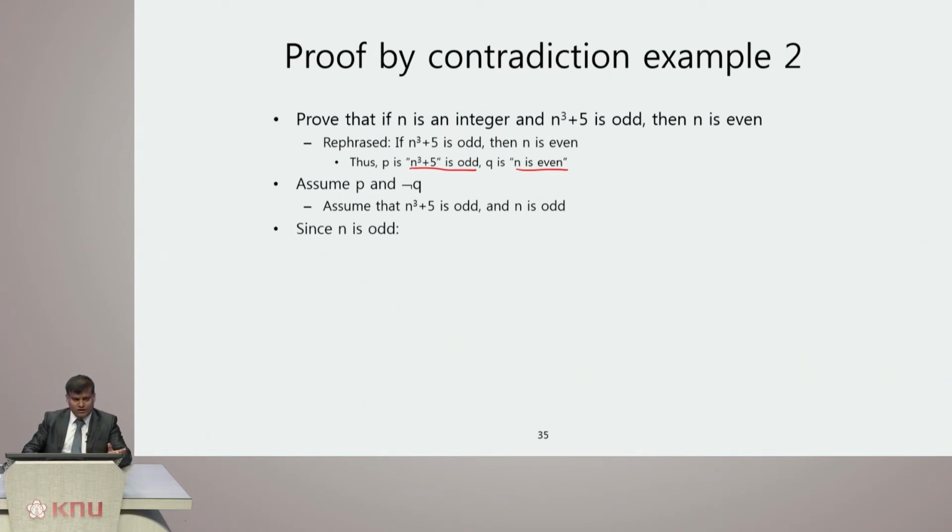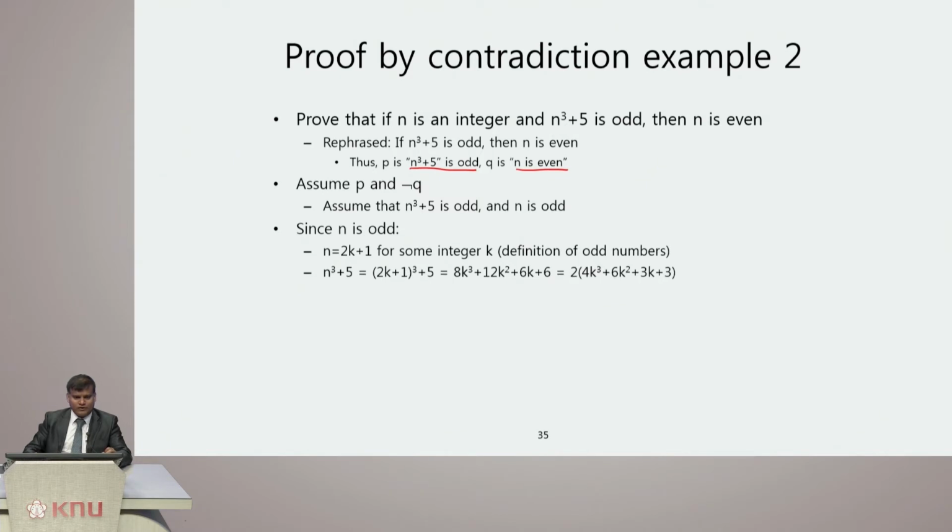Since n is odd, n equals 2k plus 1, just by the definition of an odd number. So n cube plus 5, we are just replacing n with 2k plus 1. So (2k plus 1) the whole cube plus 5 equals 8k cube plus 12k square plus 6k plus 6, and again when you take 2 out as a common multiplier, this whole thing becomes an even number. So n cube plus 5 is an even number here.